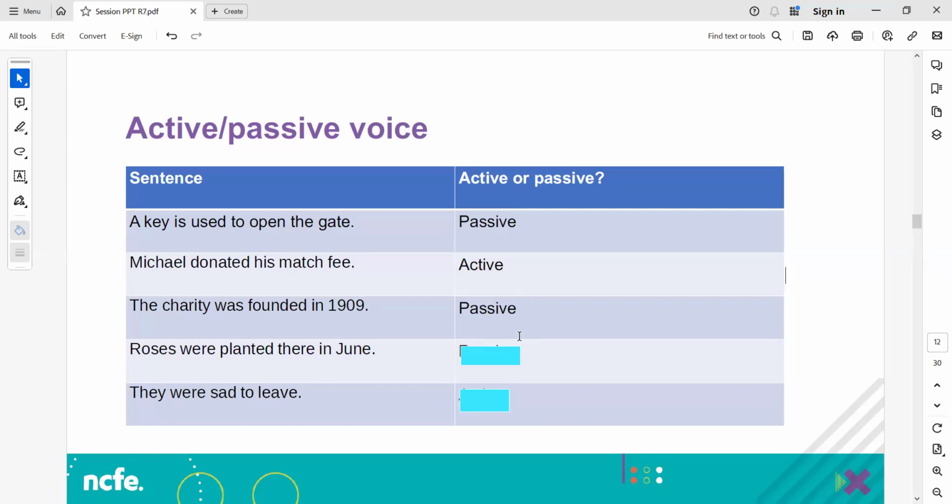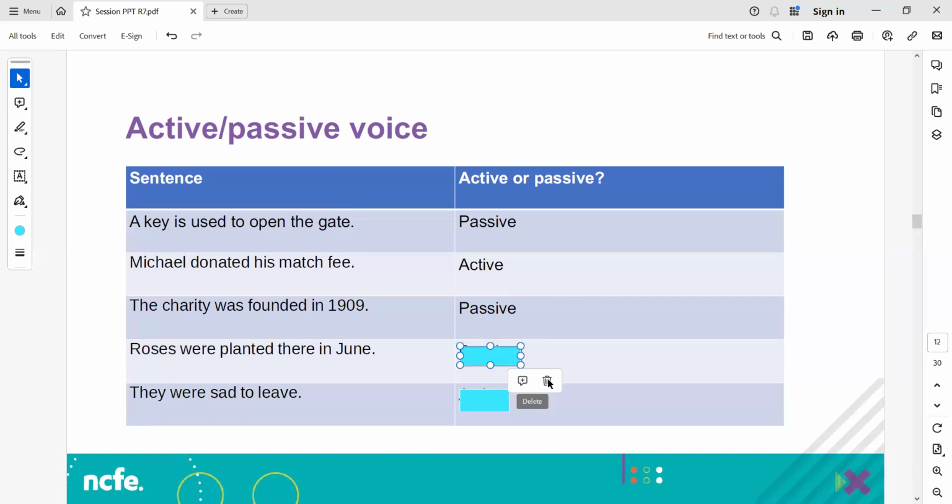Passive, right? Yeah, so if it was active, then it would read, they founded the charity in 1909. But here we see the charity was founded. So the subject has gone to the beginning of the sentence. It is tricky, this. It's just a case of going over lots of exercises and trying to identify them.